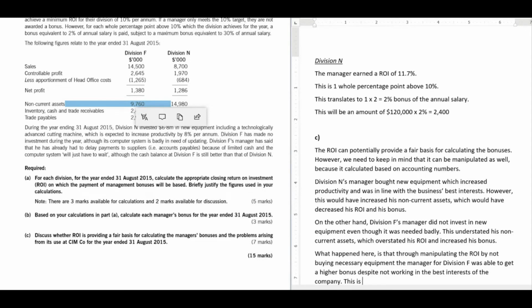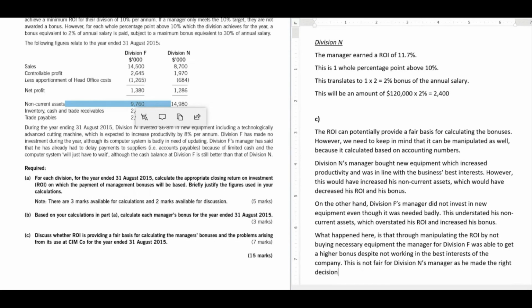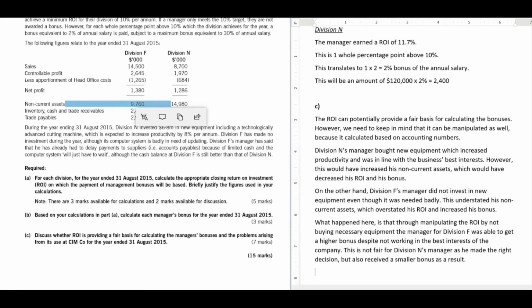This is not fair for Division N's manager, as he made the right decision but also received a smaller bonus as a result. Okay, we'll highlight the problems of this towards the end.